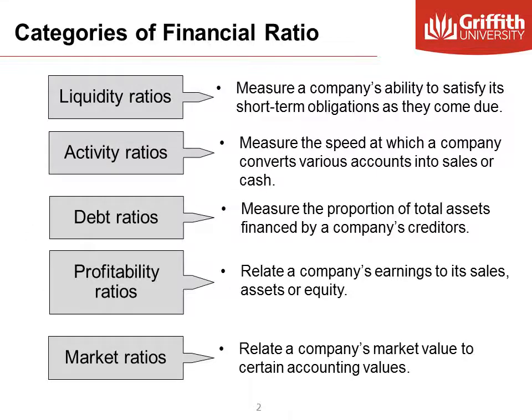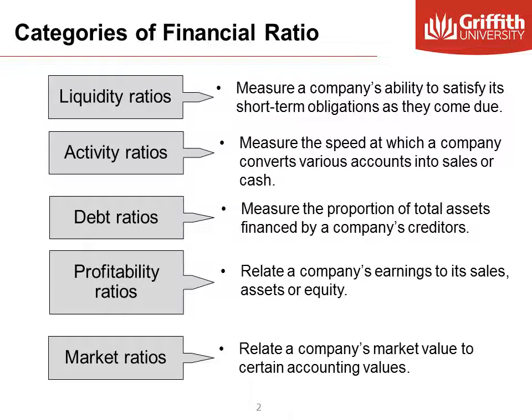These are the major categories of financial ratios and are grouped into 5 groups. We have liquidity or short-term solvency ratios, which measure the company's ability to satisfy its short-term obligation as they come due. Activity or turnover ratios measure the speed at which a company converts various accounts into sales or cash.